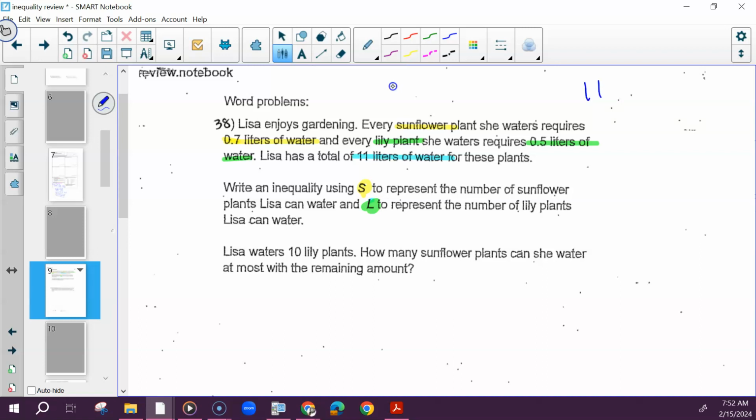So she has a total of 11. The at most. So we'll hold off on the symbol until we get to down here. But we could put the rest of it together. 0.7 S plus 0.5 L.